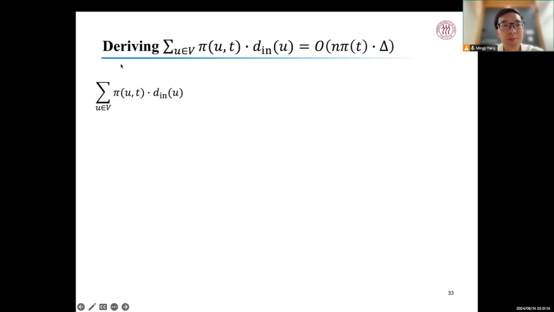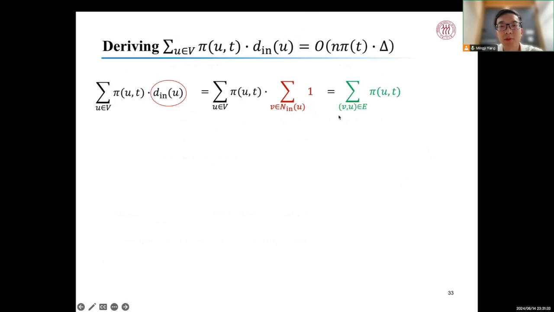Okay, now it remains to prove our upper bounds on this summation. For the upper bound involving the maximum outer degree, we first split the in-degree of node u into a summation over the in-neighbors of node u, where the summand is the number 1. This can be converted into a summation over all the edges in the graph. Now we reorder the summation and multiply the summand by the outer degree of node v and also divide by this factor.